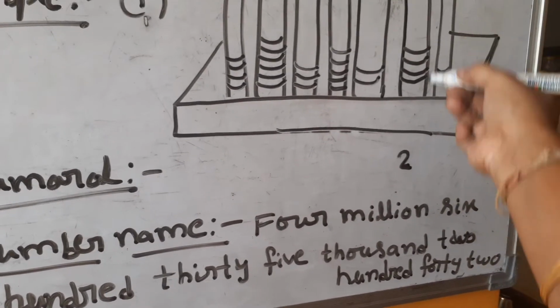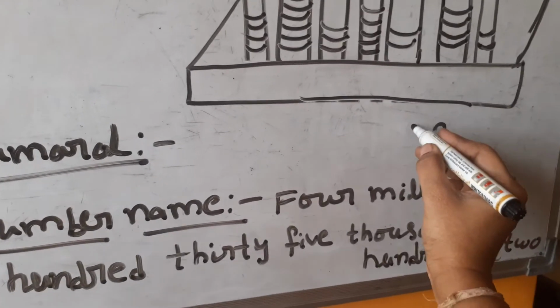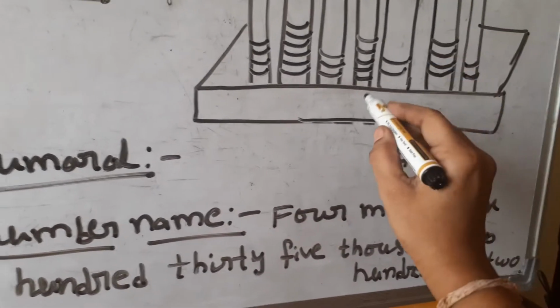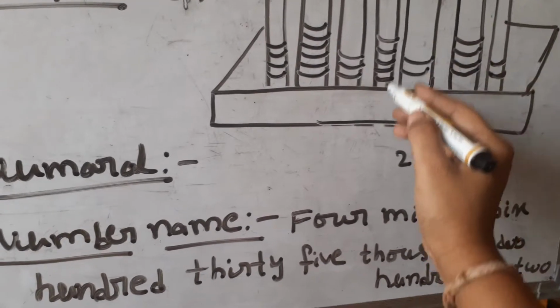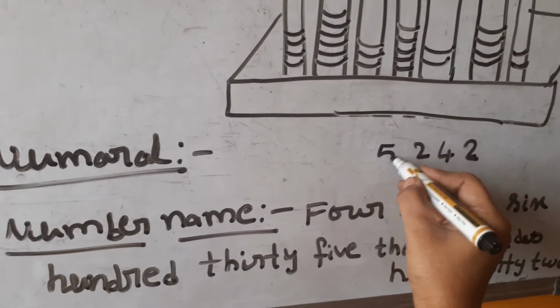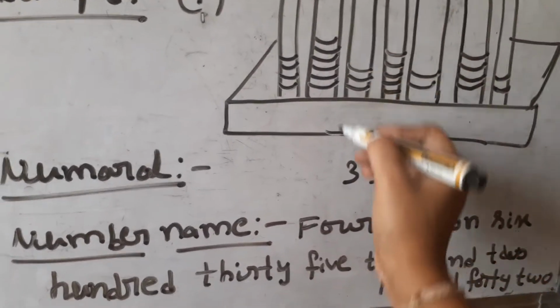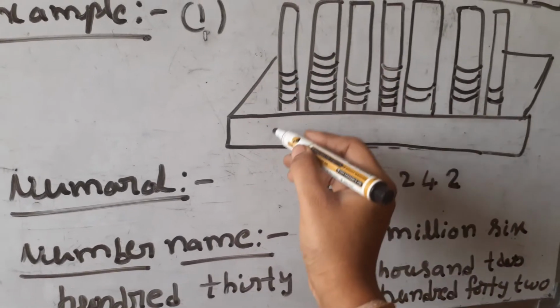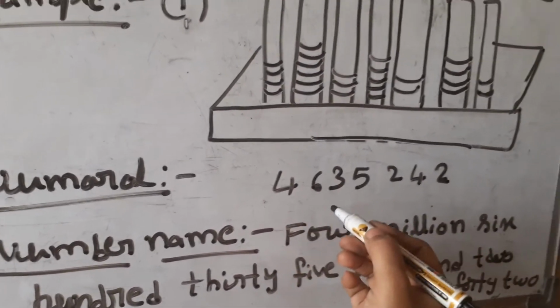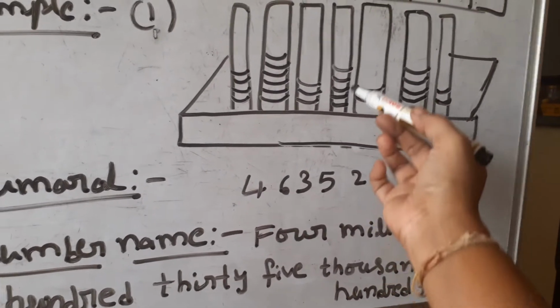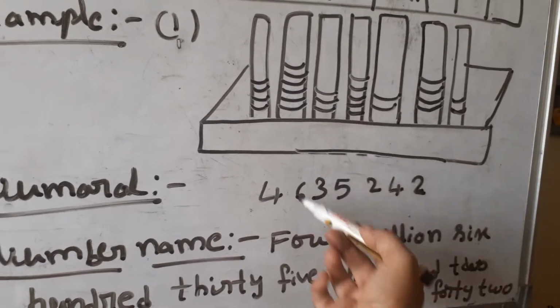The second pole has 4. The third pole again has 2. The fourth pole has 5. The next pole has 3, the next has 6, and the last pole has 4. This is the numeral: 2, 4, 2, 5, 3, 6, 4.